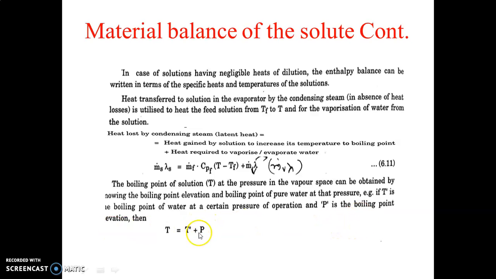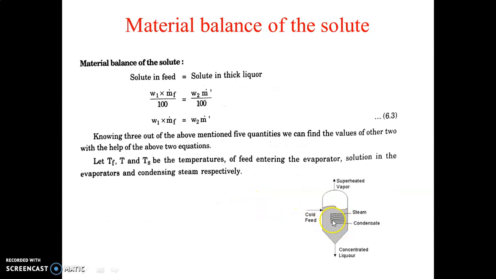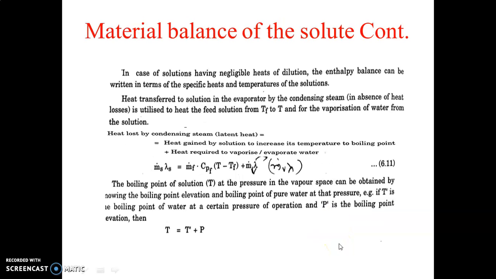Okay, so if we add this boiling point elevation to the boiling point of the water, we get the boiling point of the solution. That means this T we can get by addition of the elevation.